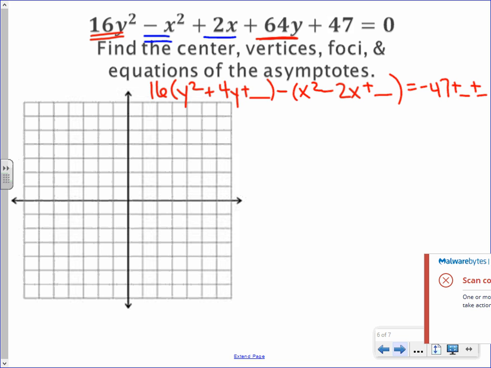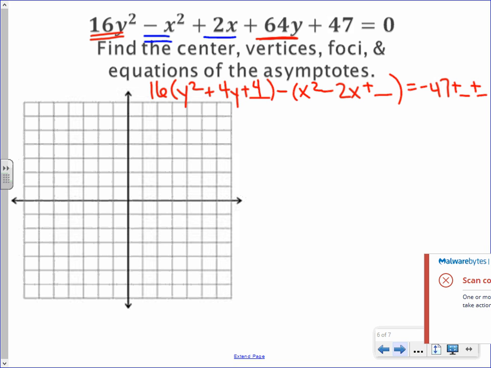And we'll have to add our mystery numbers to the other side along with the constant. You're always going to have to factor out a negative here because it's a hyperbola, whether it's -1 or -10 or -15. But please be careful when you're factoring it out of the linear term, because that's going to change the sign. Okay?